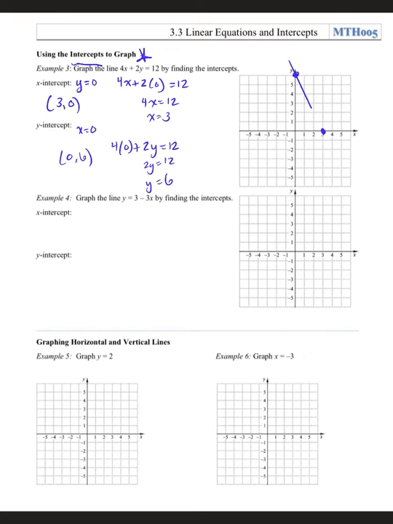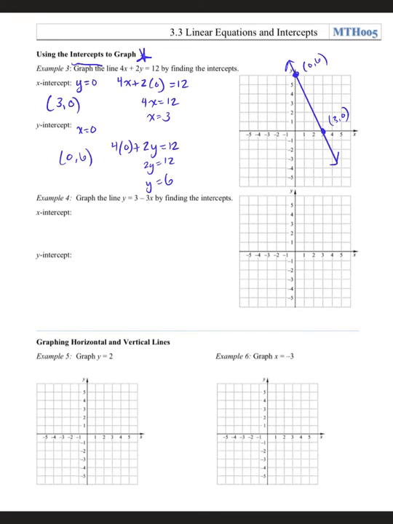There we go, perfect. Then we can draw our line. So that's how we graph using the intercepts. One thing we should always do is label our points. So this point up here is (0, 6), and this point down here is (3, 0).